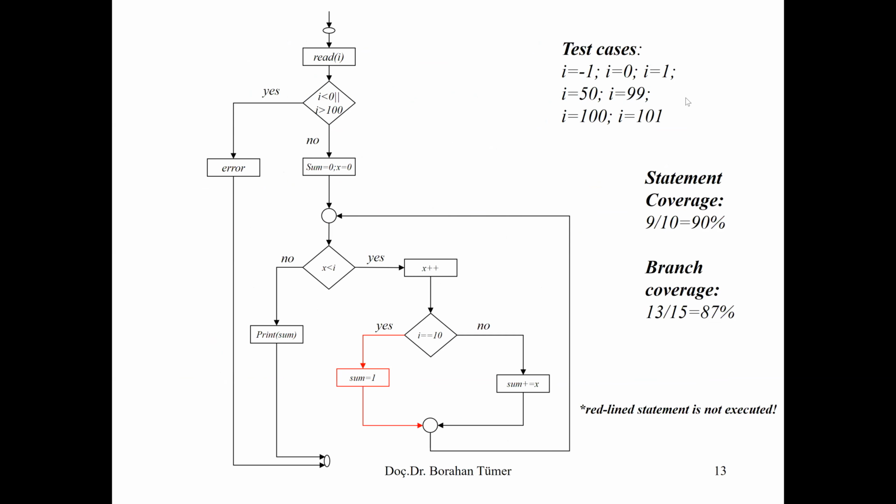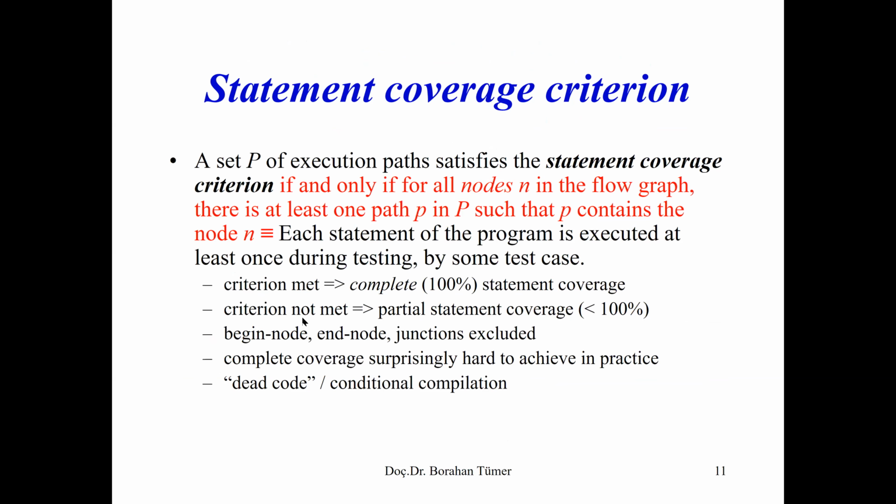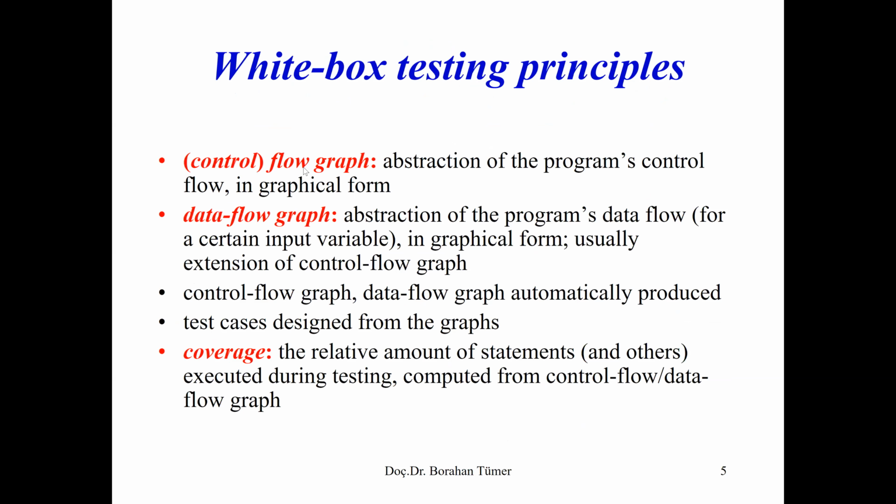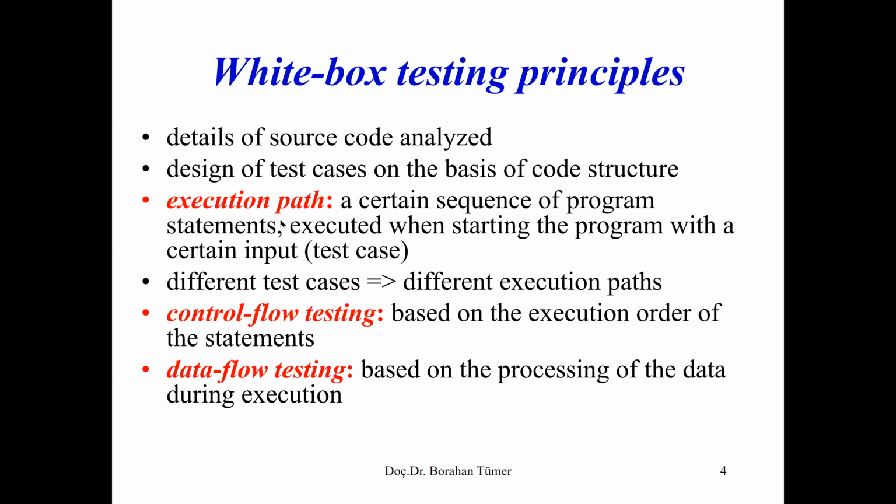because of the availability of the code, which also takes I equal to 10 into consideration. Well, then we continued here with the flow graph. We started with the white box testing principles.